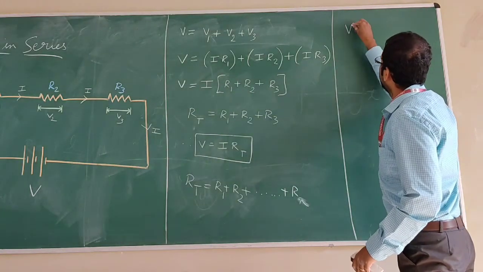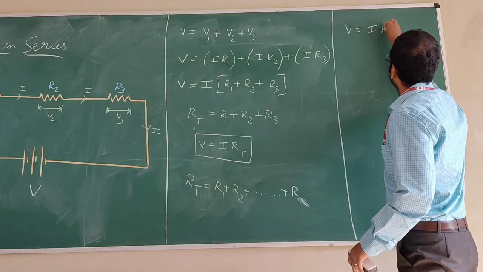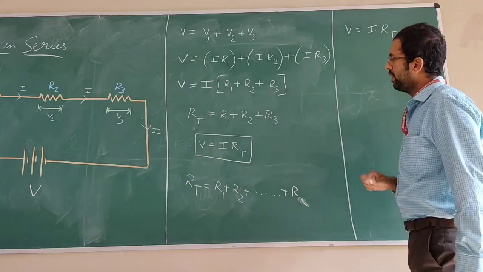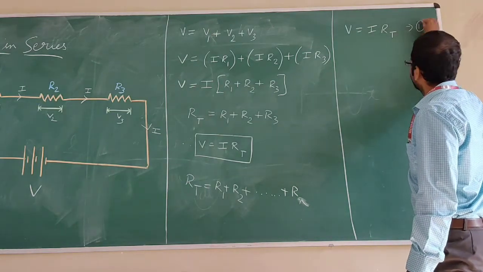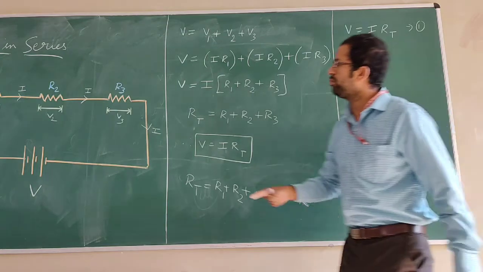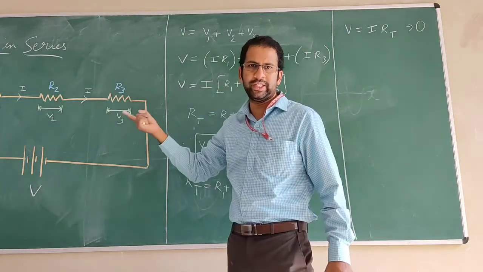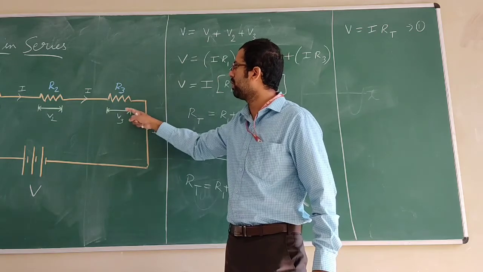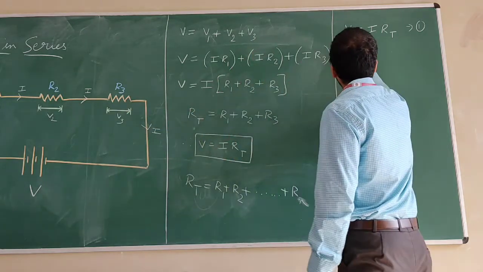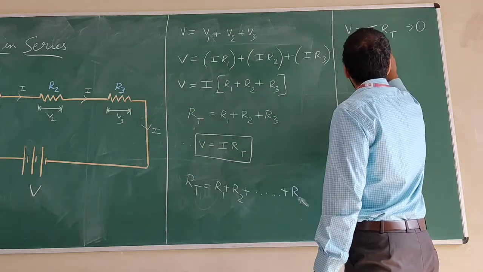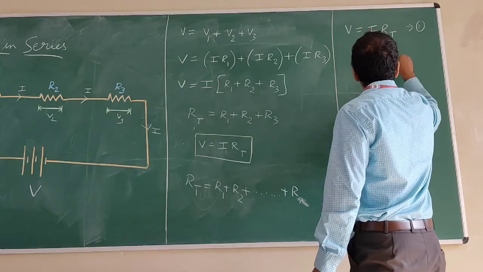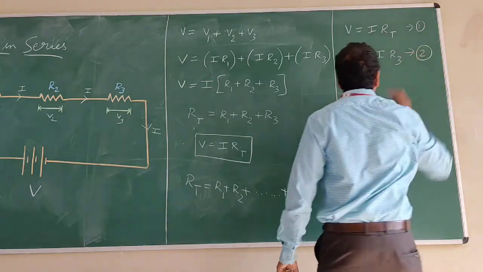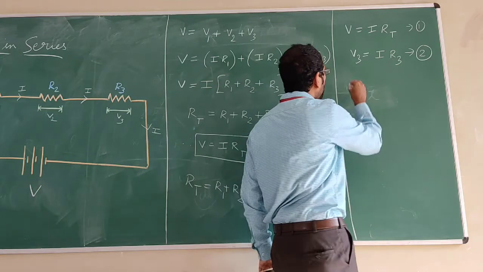The total voltage V is equal to I into RT, which we just found out. Let's take this as equation 1. Let the question be to find the voltage across R3, that is V3. V3 is equal to I into R3. Let's take that as equation 2. Let's divide 2 by 1.